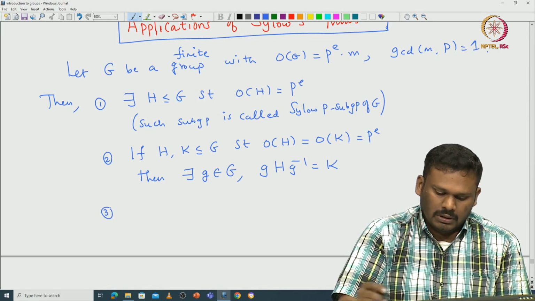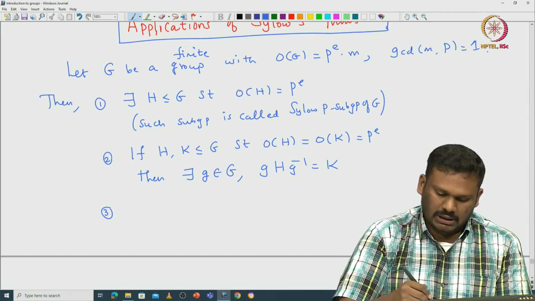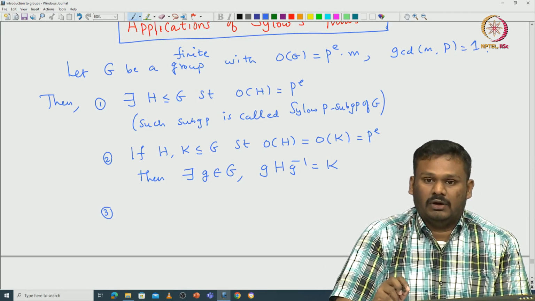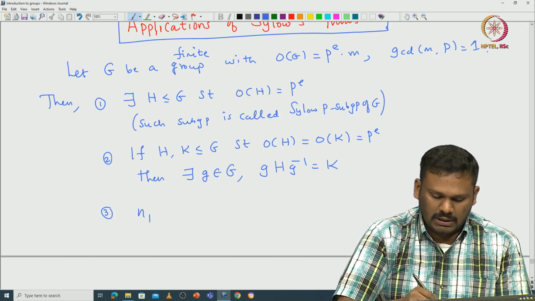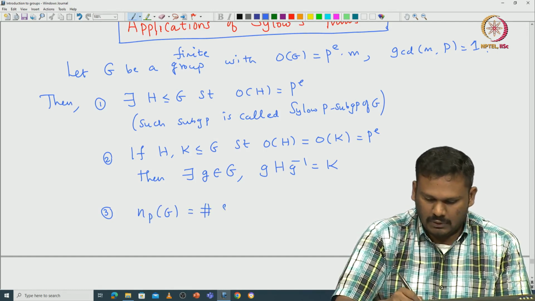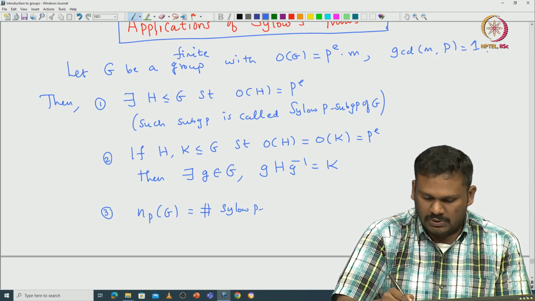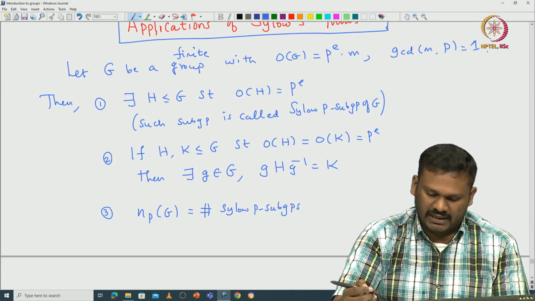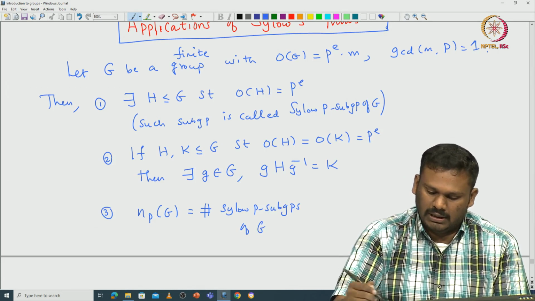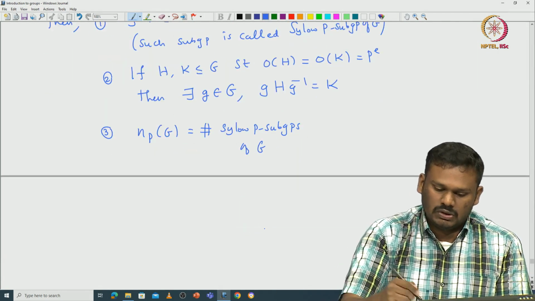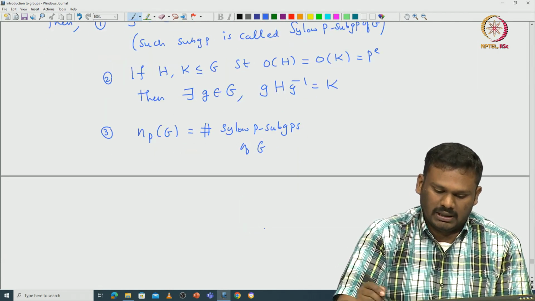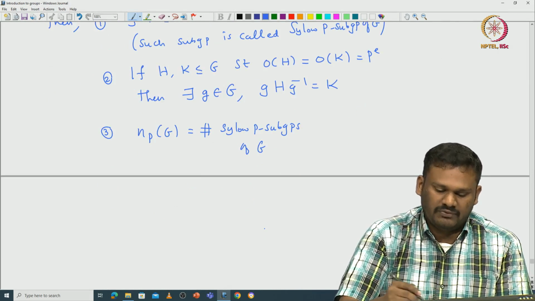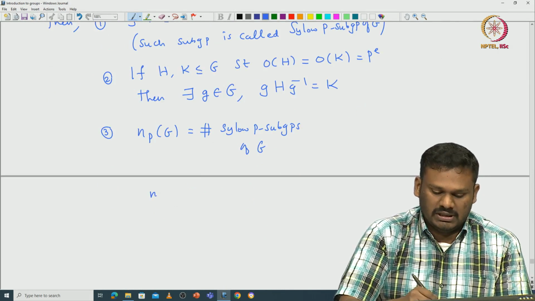The third theorem talks about the number of Sylow p subgroups. If you denote by n_p(G) the number of Sylow p subgroups, since we are in a finite group, the number of Sylow p subgroups will be finite. Then n_p(G) has some constraints.